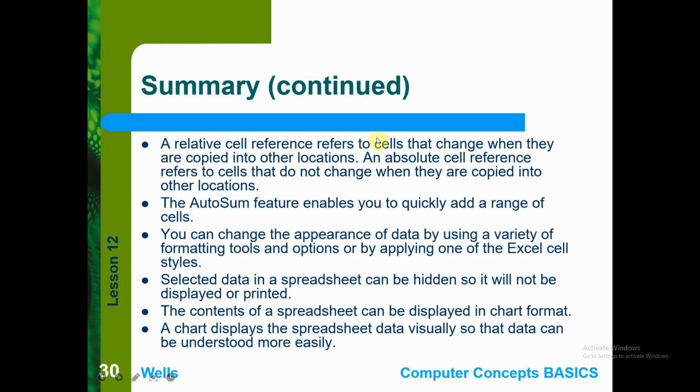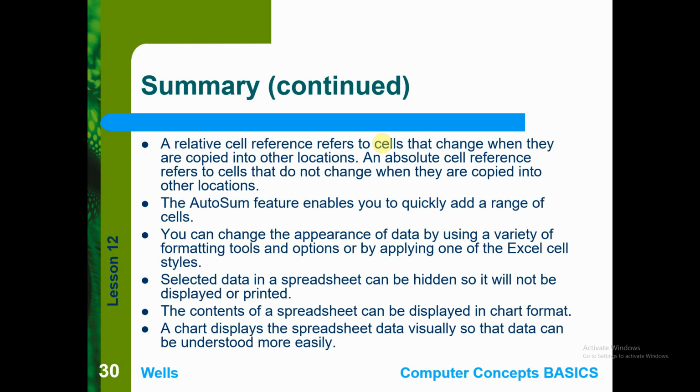And then a relative cell reference changes when copied to other locations, whereas an absolute cell reference refers to cells that do not change when they are copied to other locations. And then the AutoSum feature enables you to quickly add a range of cells, and changing the appearance by using our formatting tools and options applied to Excel cell types.